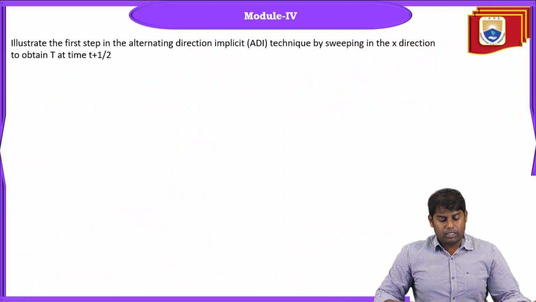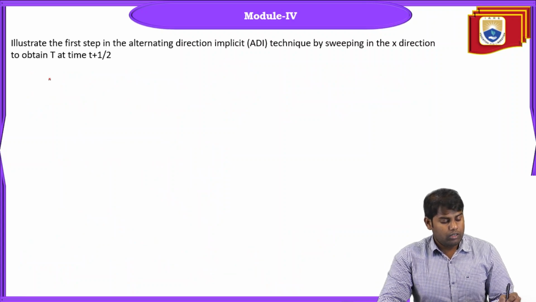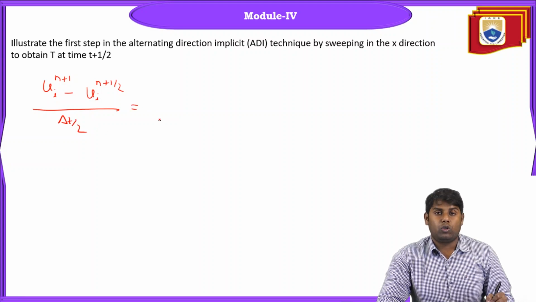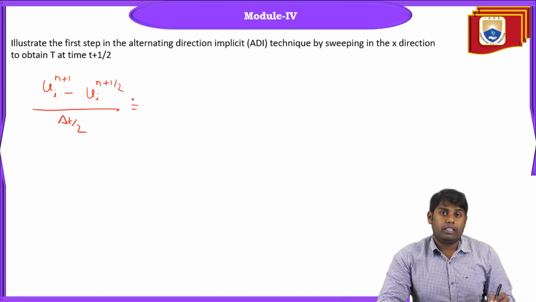Okay, we'll see what the second half is. Same: (u_i^{n+1} − u_i^{n+1/2}) / (Δt/2) is equal to... here, what is the unknown parameter we have?